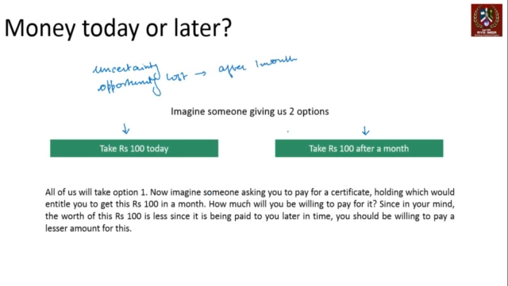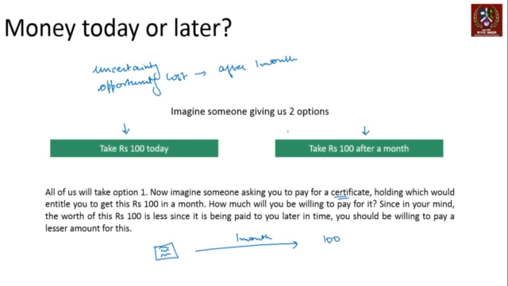Now imagine that someone is asking you to pay for a certificate which will entitle you to get this 100 in a month, right? So instead of the money, people are saying there's a certificate. You can get the certificate today, and if you hold it, then after 1 month, you can get 100, right? Now, how much would you be willing to pay for this?